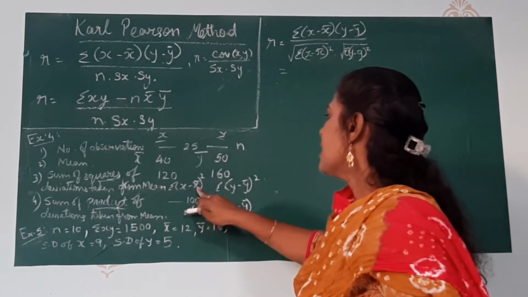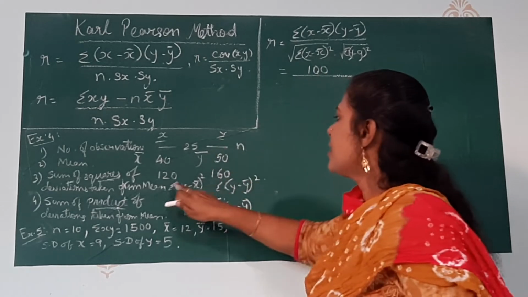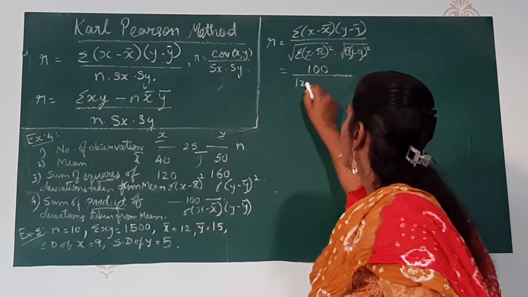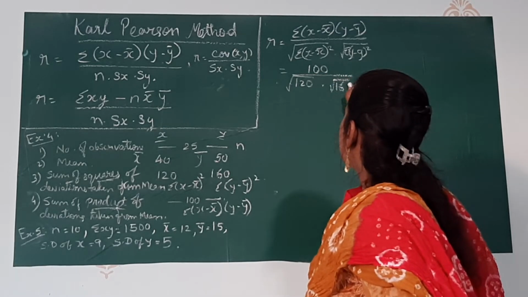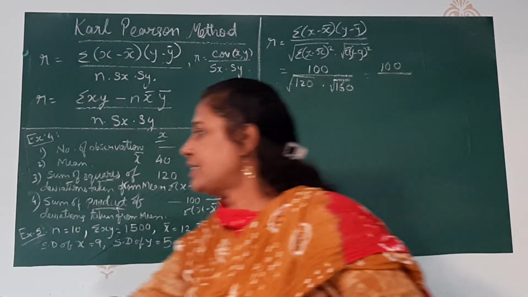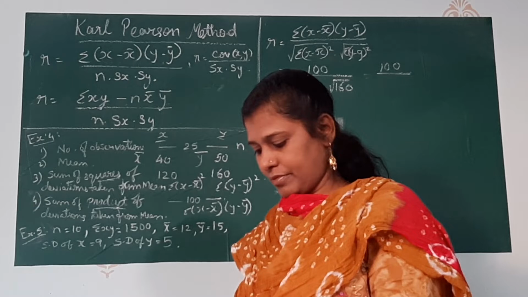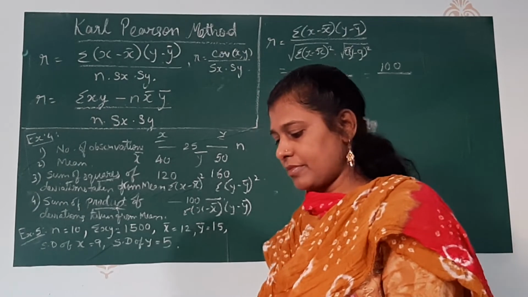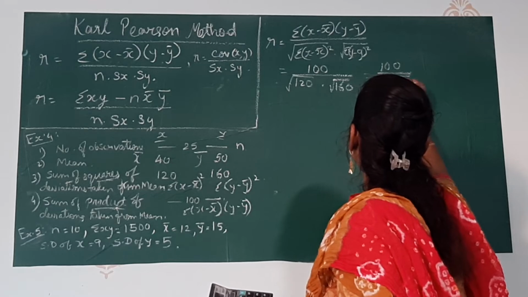This is 100 upon under root 120 into under root 160, that is 100 upon under root of 120 into 160, which is under root 19200.